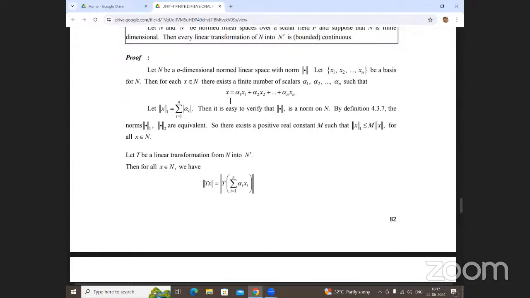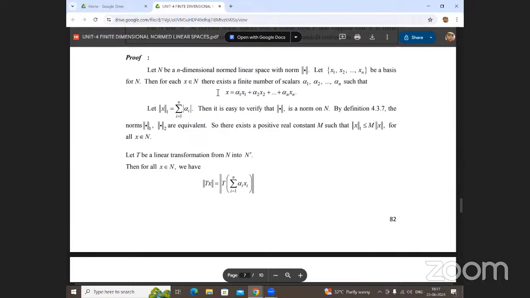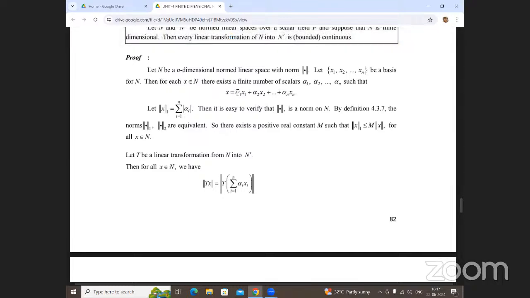Write the linear combination x equal to alpha 1 x1, alpha 2 x2, and so on, alpha n xn. Applying the norm on both sides, norm x equals the norm of summation alpha i xi.